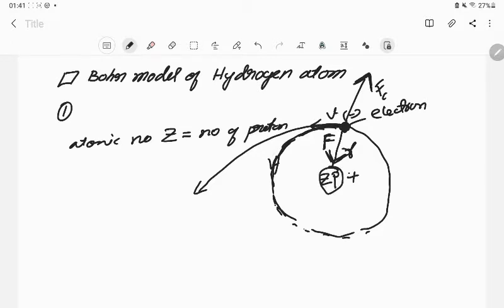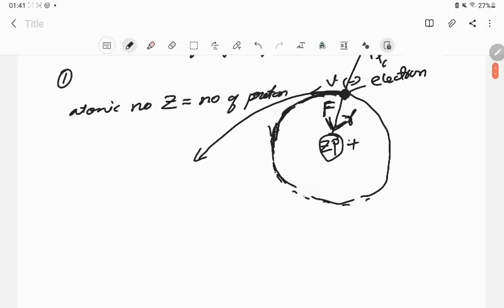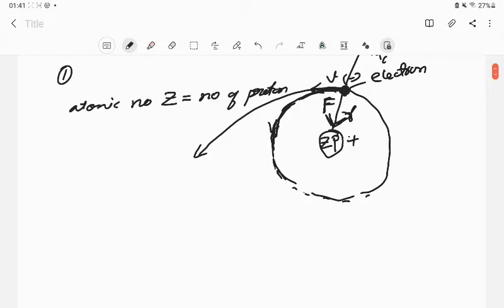That means both centripetal force and electrostatic force are equal, so they are making a balance. So the first postulate is centripetal force is equal to electrostatic force of attraction.